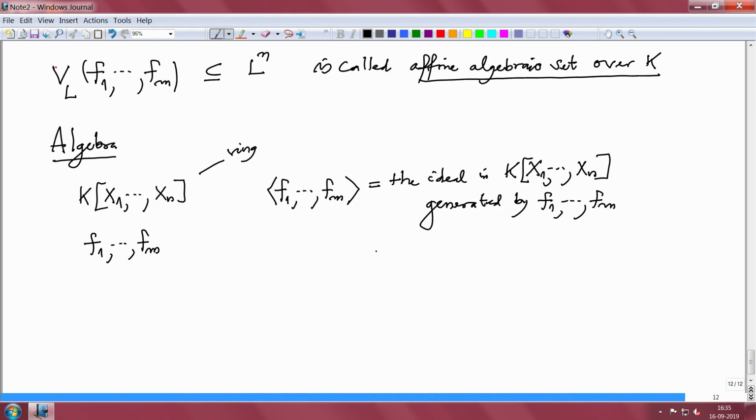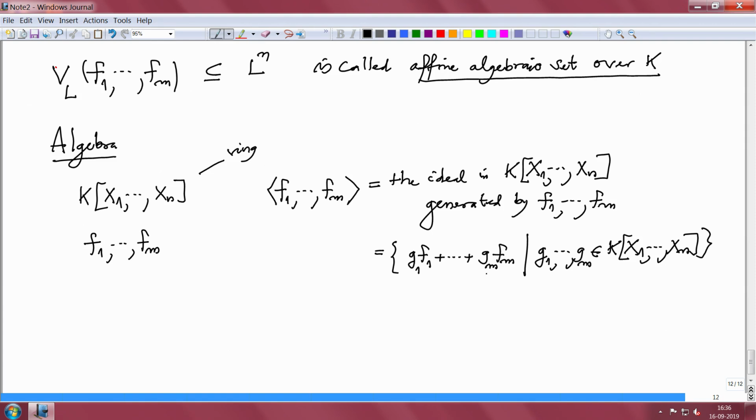What does this mean? This means you take all linear combinations of these polynomials with coefficients in K[x1, x2, ..., xn]. That means G1 F1 plus ... plus Gm Fm, this collection of such linear sums where we allow G1 to Gm not only constants but also polynomials in the same variables.